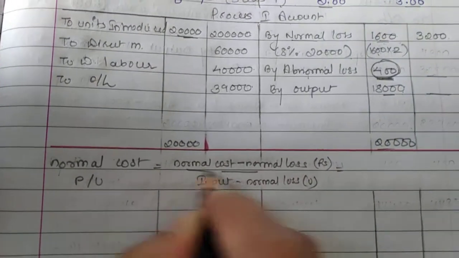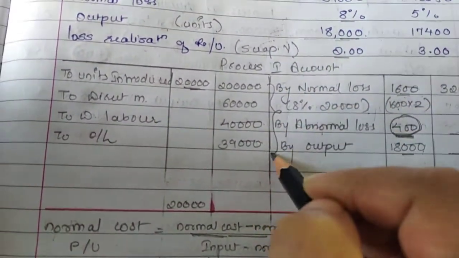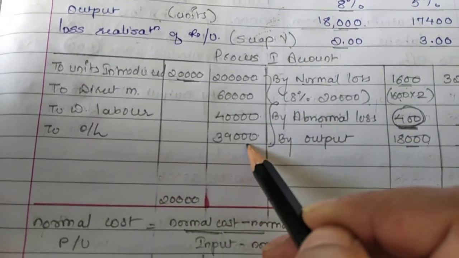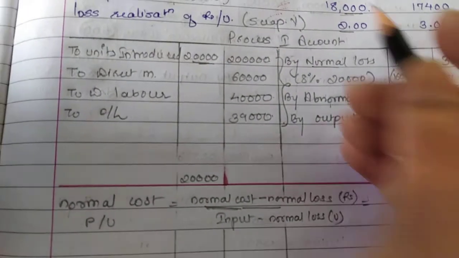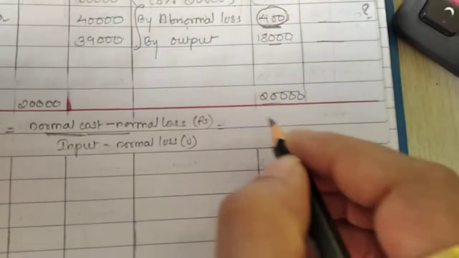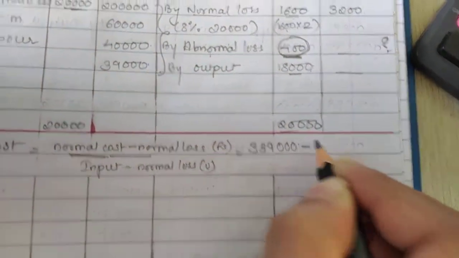So how will I find this normal cost? Where will I find this? Total all these amounts, that is 2 lakhs plus 60,000 plus 40,000 plus 39,000. You have to total it. Okay. So when you total all these amounts, you get 3 lakhs 39,000 minus loss.